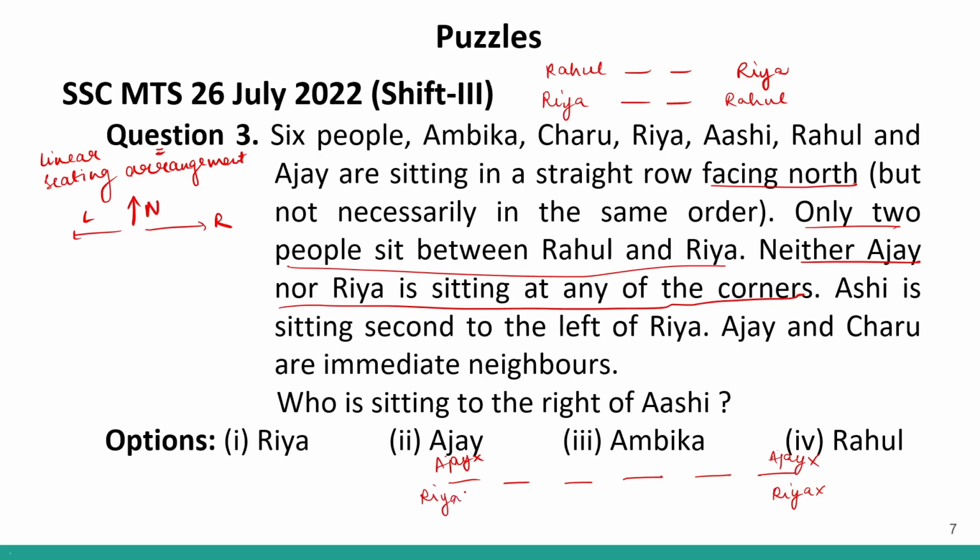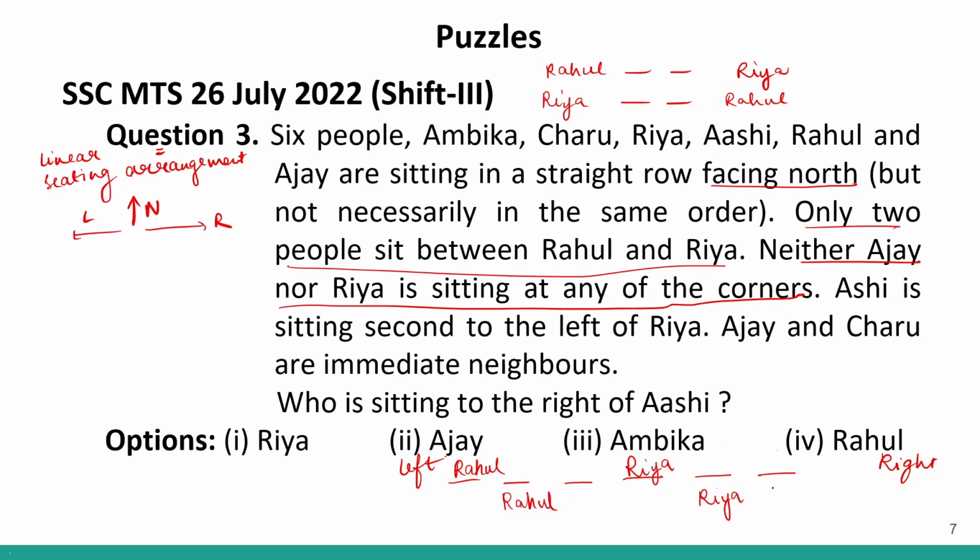So how many possibilities can we make? First possibility is, let's say this is the left end and this is the right end. The first possibility is that Rahul is over here. After 2 positions we have Riya. Correct? The other possibility is Rahul is over here and after 2 people we have Riya.